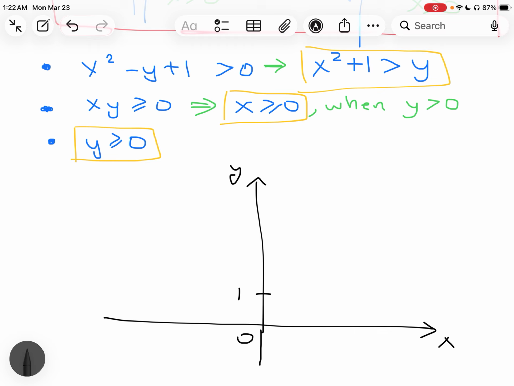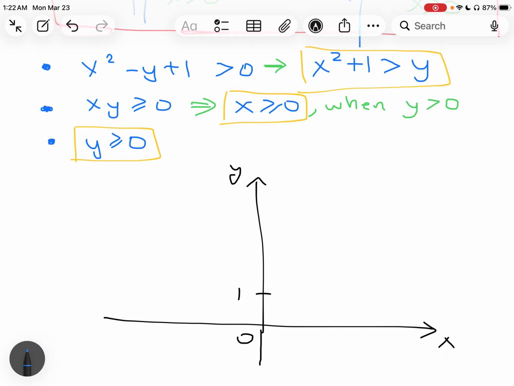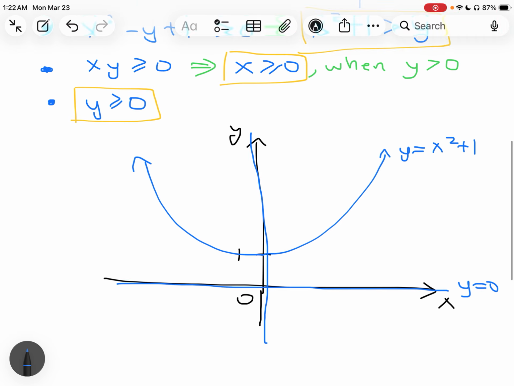The parabola x squared plus 1 looks like this. This is y equals x squared plus 1, and y equals 0 is this line right here. And x equals 0 is that line right there.